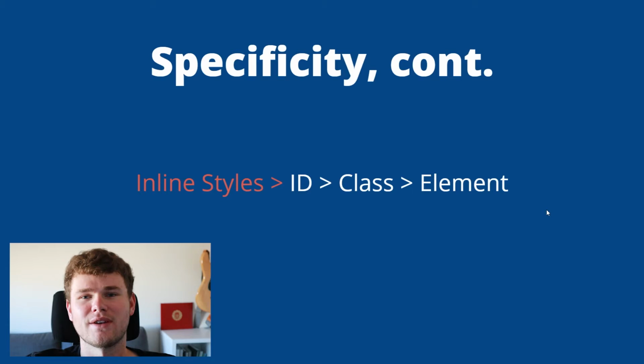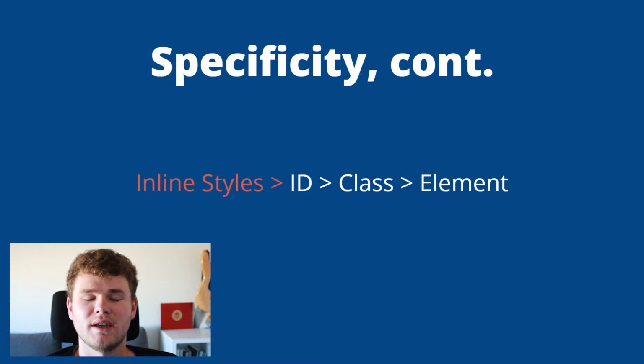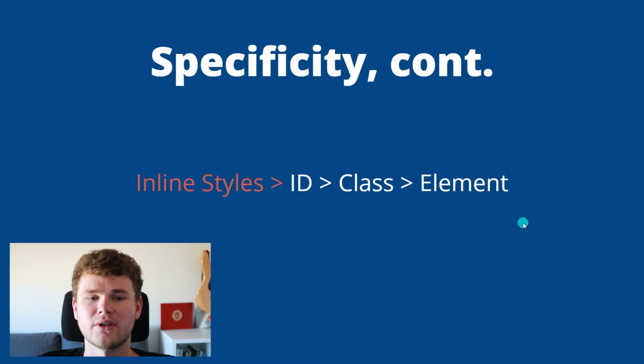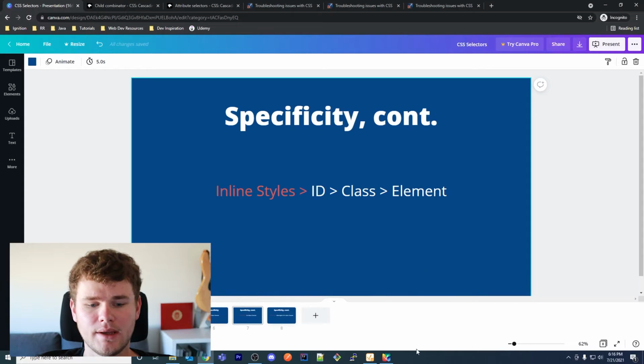This scenario should never occur. Inline styles are always the most specific selector. I don't know if that's the right term. It's more specific than any number of ID, class, and element selectors, including pseudo class and pseudo element, which we didn't cover. Okay, let's go back into the designer.